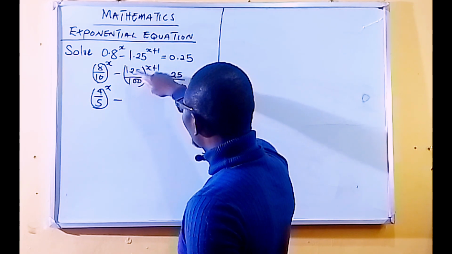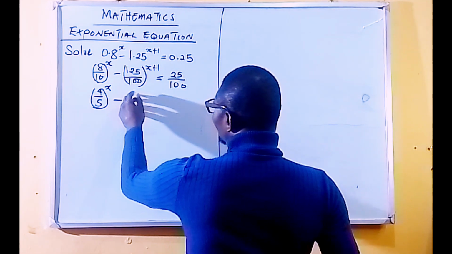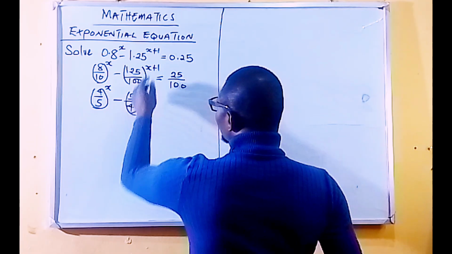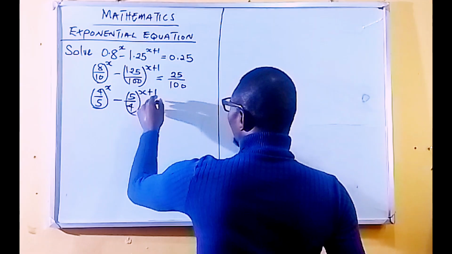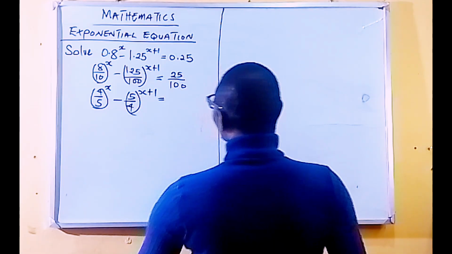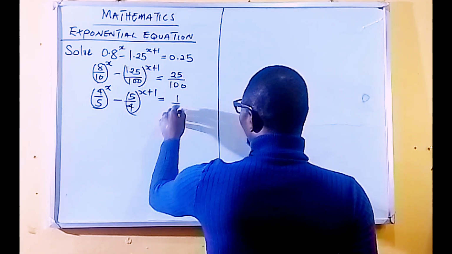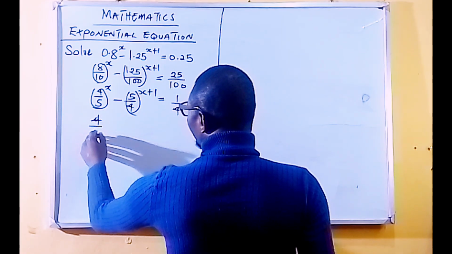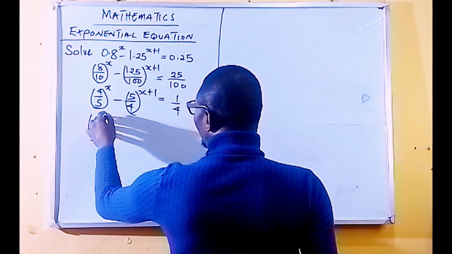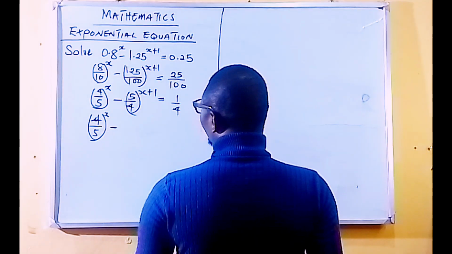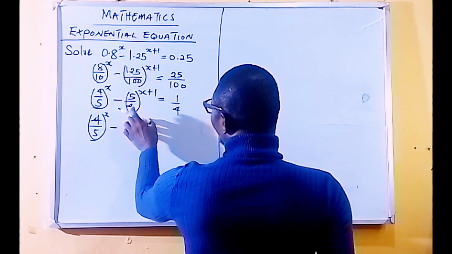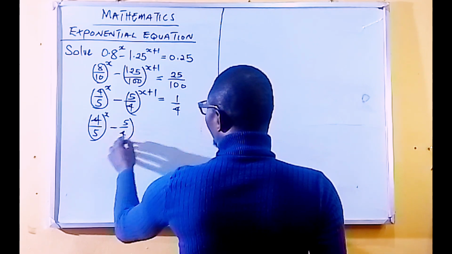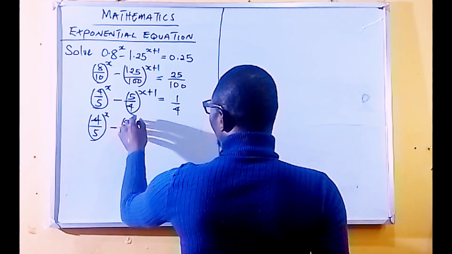So I have 1 over 4. And 125 over 100 is the same as 5 over 4, raised to the power of x plus 1, is equal to 1 over 4. So I have 4 over 5 raised to the power of x minus, now by the law of indices, I will now have 5 over 4 raised to the power of x.